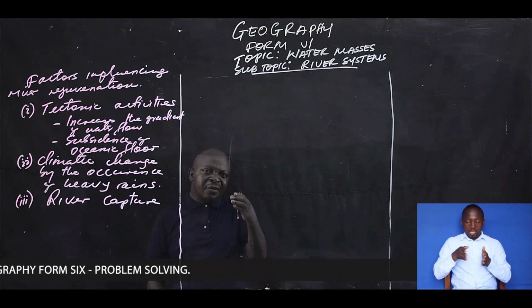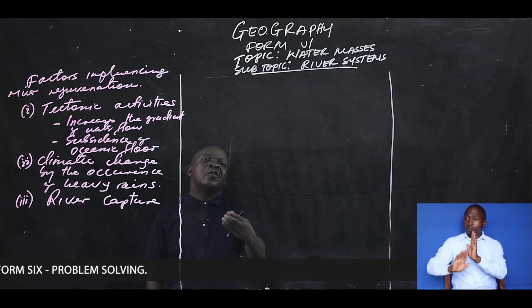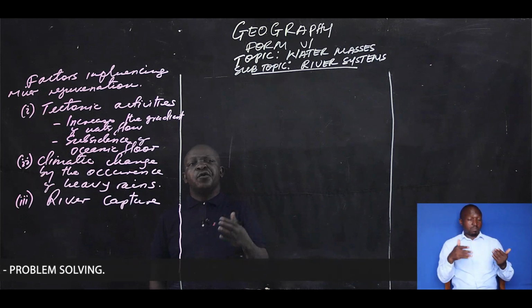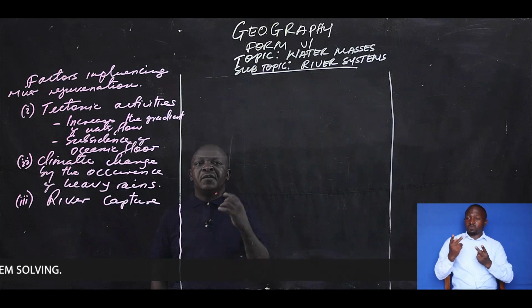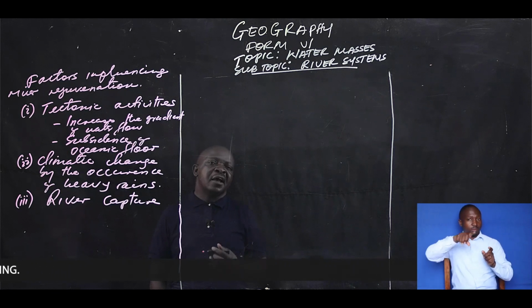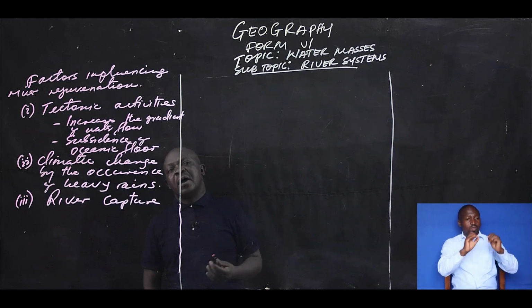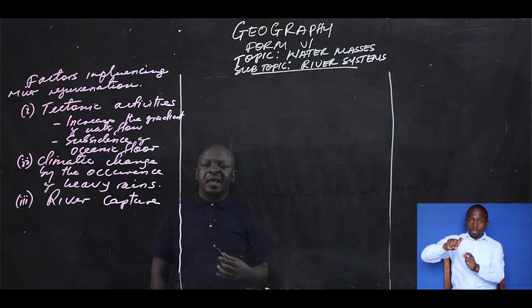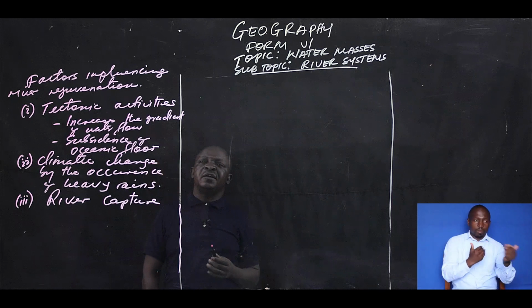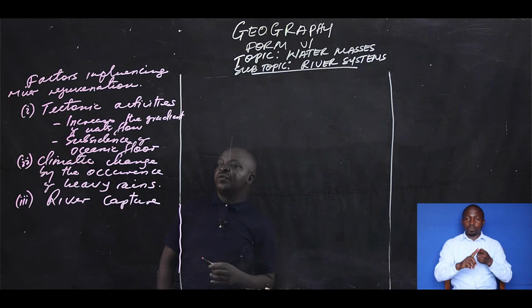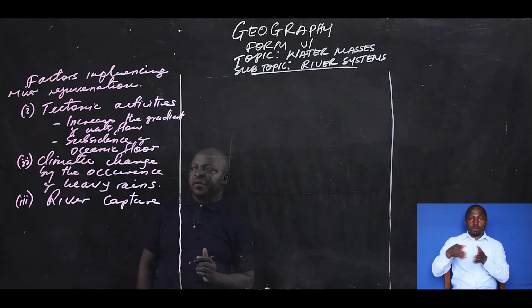Now, in the pirate river, the volume of water increases. As the volume of water increases, the velocity of water increases, and thus erosive power does not remain the same. Erosive power is stimulated to make what we used to say river rejuvenation.